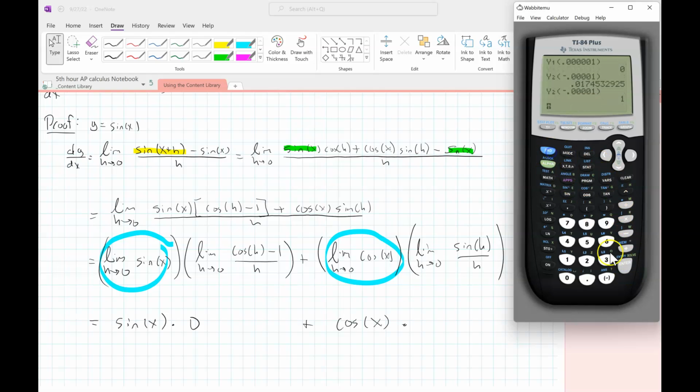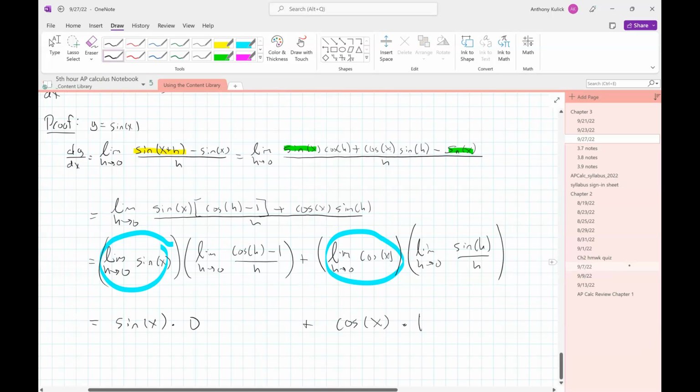There we go. I think I'm pretty convinced there. So this just all turns down now into cosine, right?